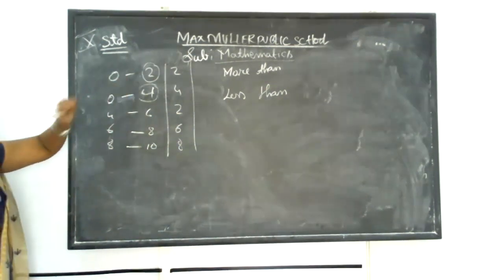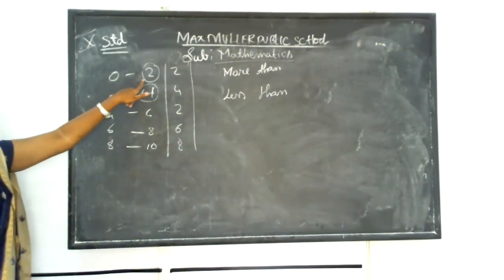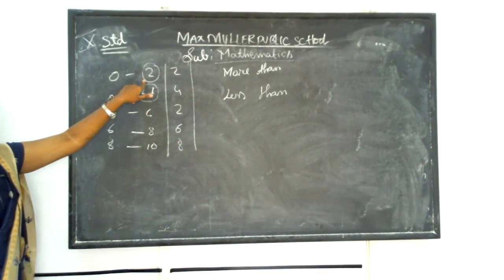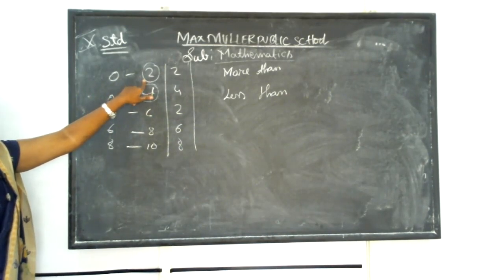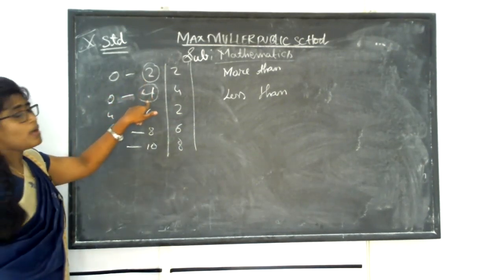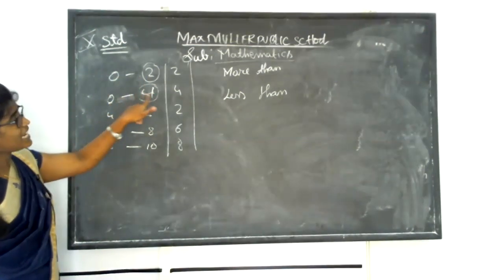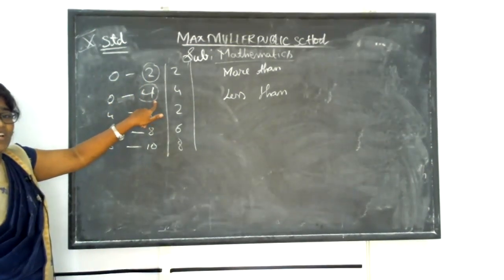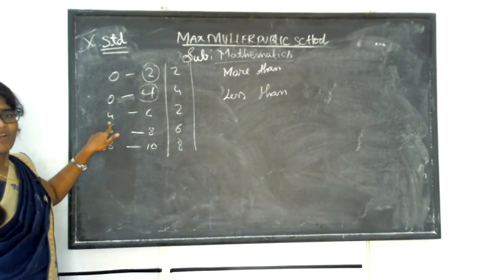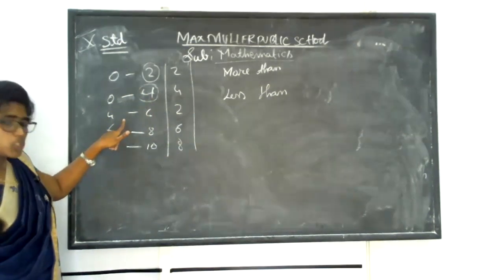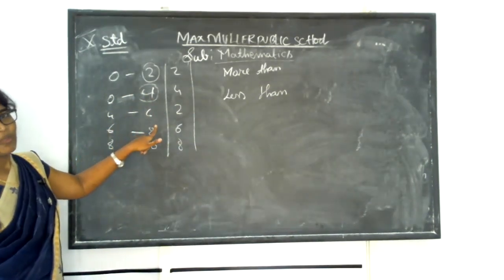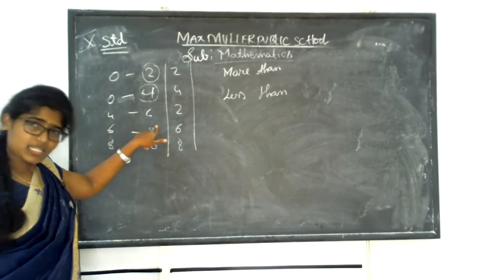More than 0. Where is the number? More than 0, it is here, till 2. If I want more than 2, where will you go? More than 2, I'll go with 4, because I have 2, 3 and 4. If I want more than 4, I'll go with this. Why? 4 is there, 5 will also come, and I have 6. Okay, understood? Is it clear for you?